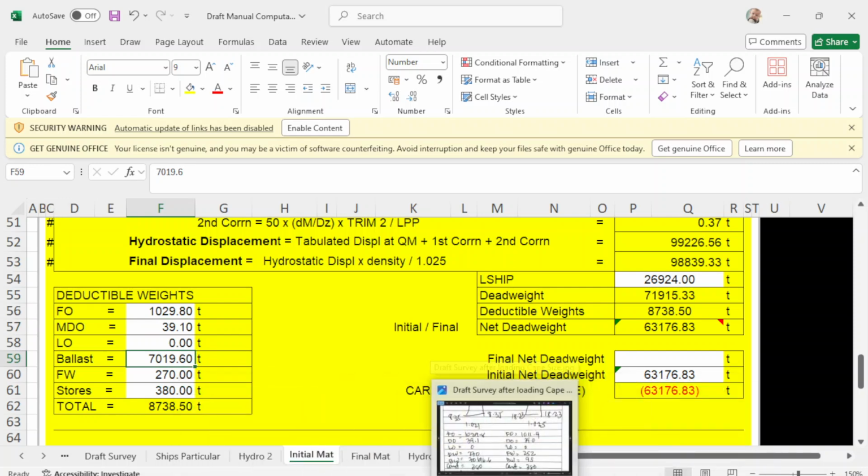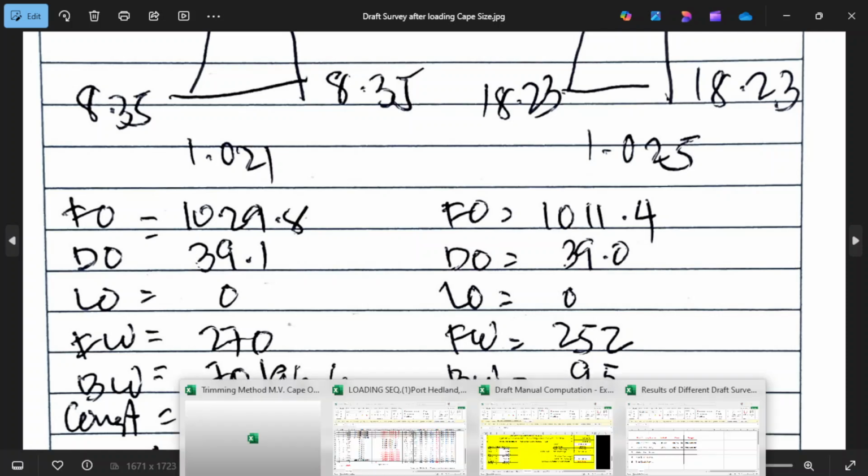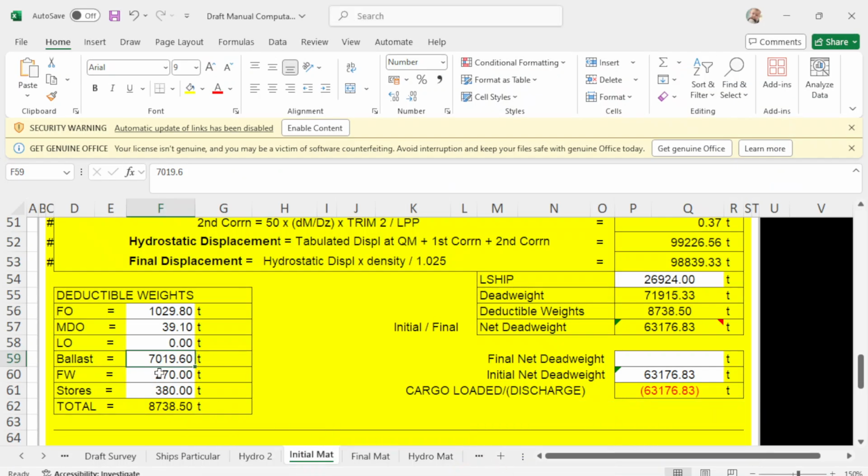Something wrong with the ballast, I think so. 70196.6. Okay, that's it now. Correct.